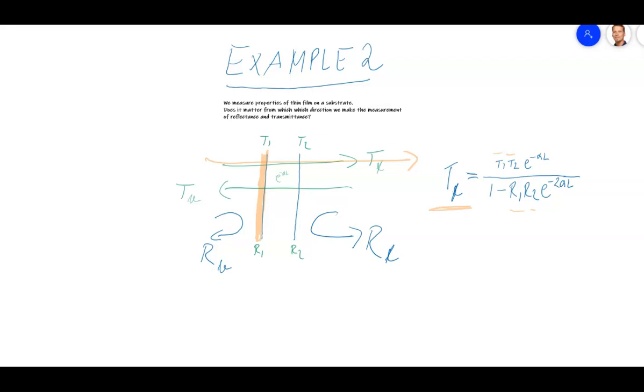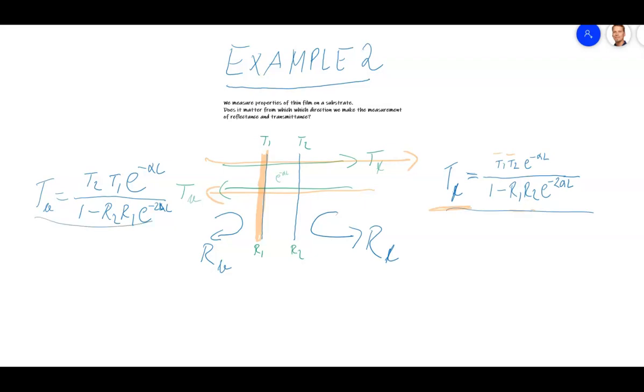If we make the measurement in reverse direction, we write the equation in a different order. So first we pass the interface 2, then interface 1, loss of the substrate is the same, then reflectance, the second interface, and the first interface, and we'll see that the expressions are exactly the same.